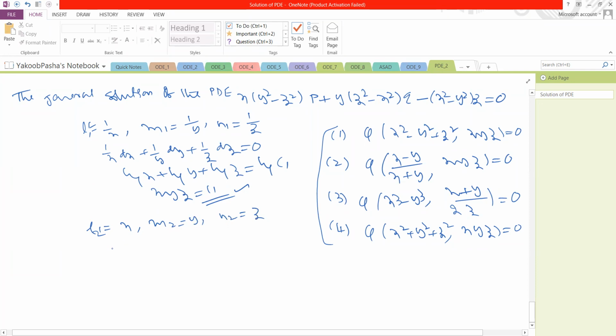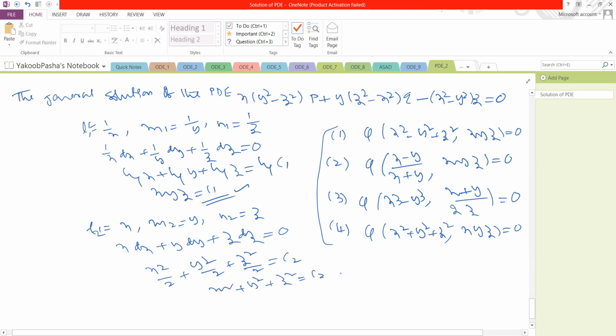So x dx + y dy + z dz = 0. Here x²/2 + y²/2 + z²/2 = c2. That means x² + y² + z² = c2 is the second column.